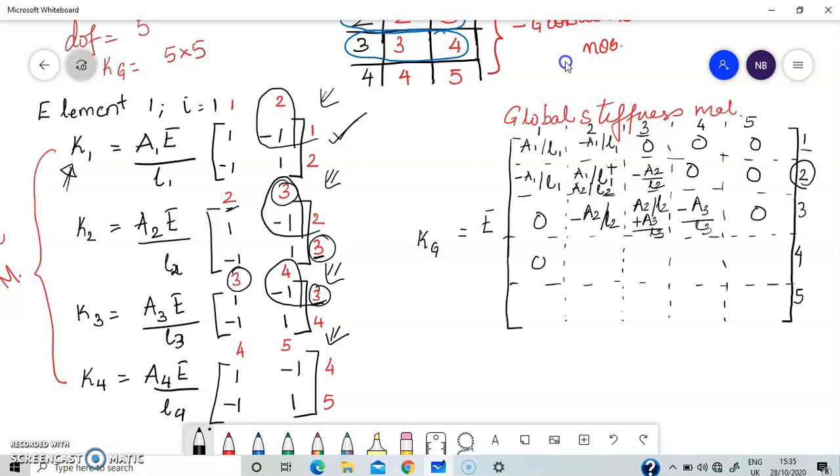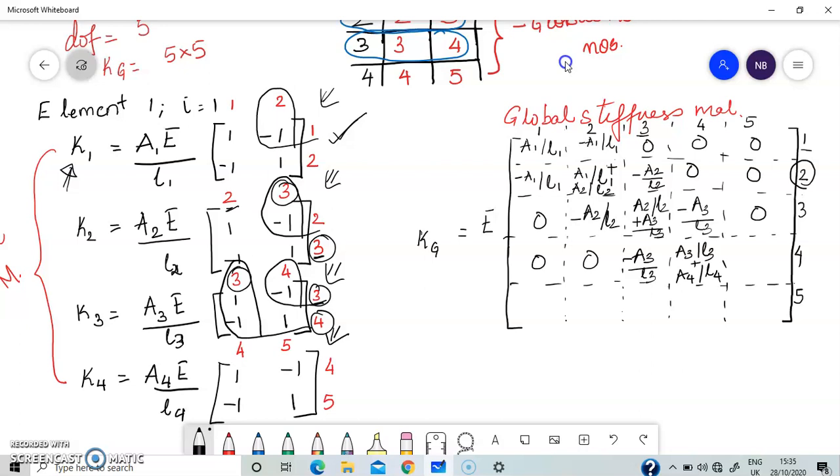Now 4 1 is 0, 4 2 is 0, 4 3 is here, fourth row and third column, so this is minus A3 upon L3. 4 4 will again have two terms, A3 upon L3 plus A4 upon L4.